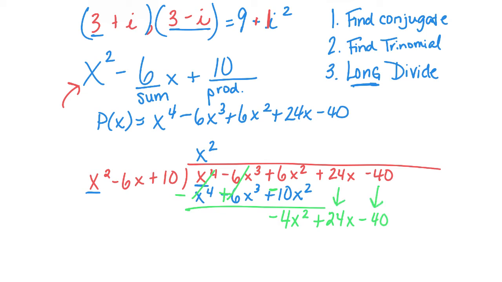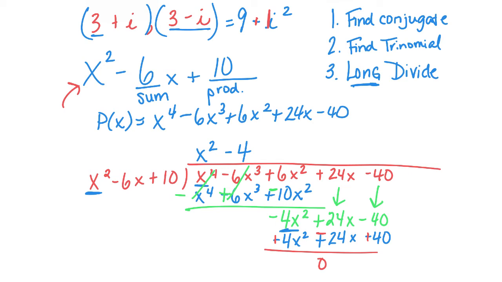And we do first into first. How many times does x squared go into negative 4x squared? Negative 4. Distribute. Negative 4x squared plus 24x minus 40. And when I change all the signs, notice I have a remainder of 0.